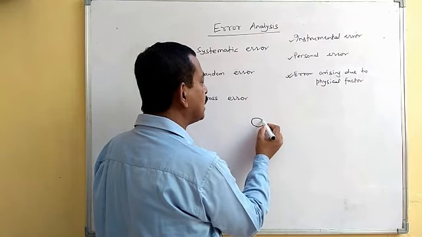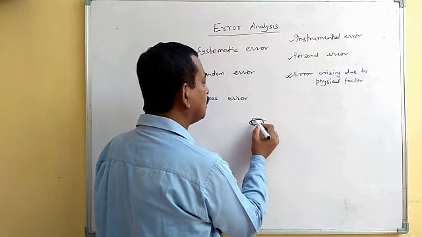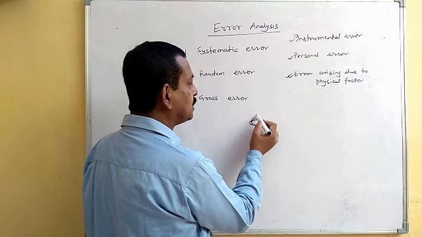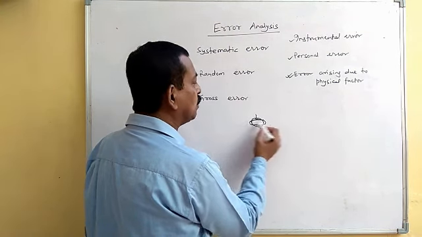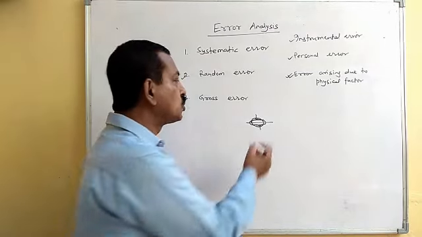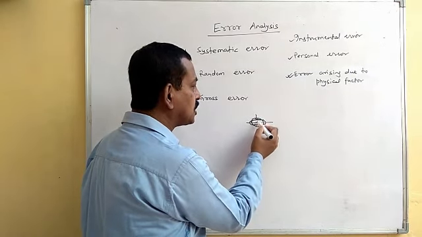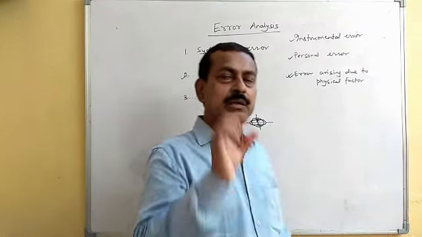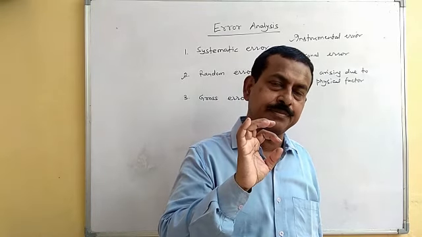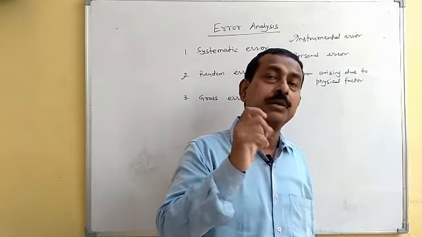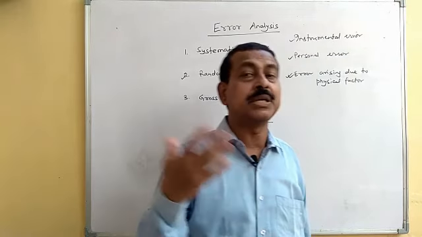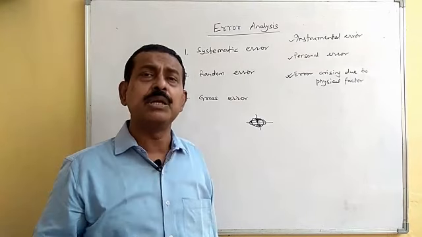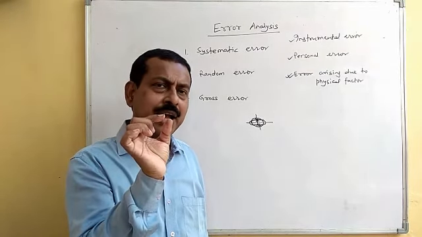Suppose this is the actual one, and suppose it gets turned like this. That means the diameter has a lesser value in this direction and more in this. So suppose someone is taking measurement in this direction. The diameter at that point is less, either due to earlier mishandling of the wire, or the wire might have a thinner value at that point.